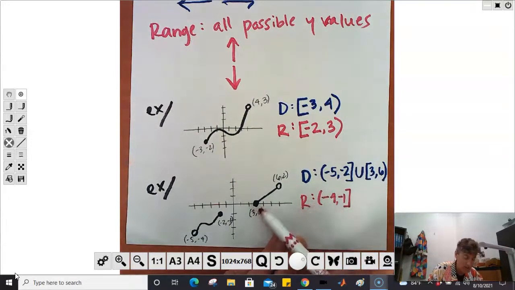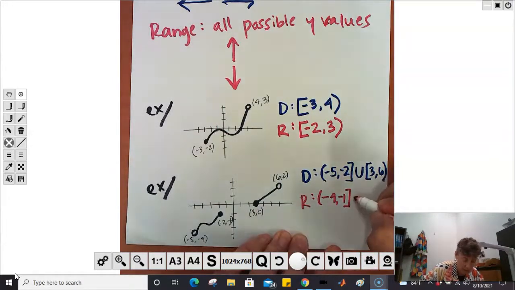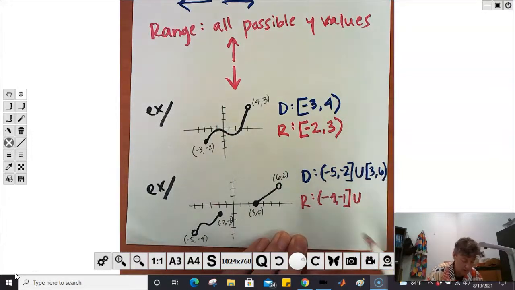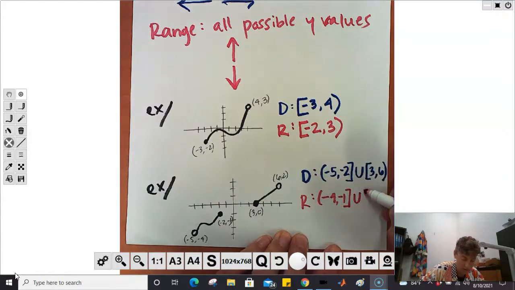And we have a range for this piece. We go from 0 to 2. 0 we actually touch, 2 we don't. So 0 to 2. All right.